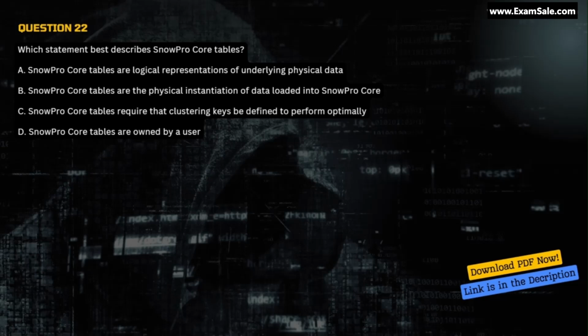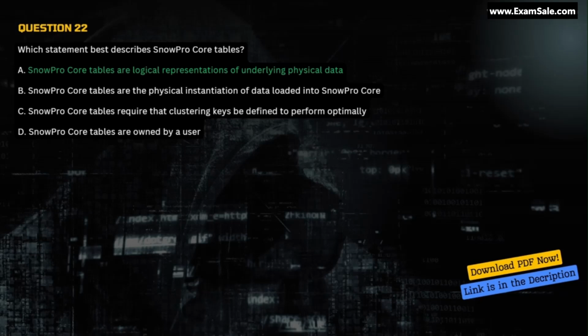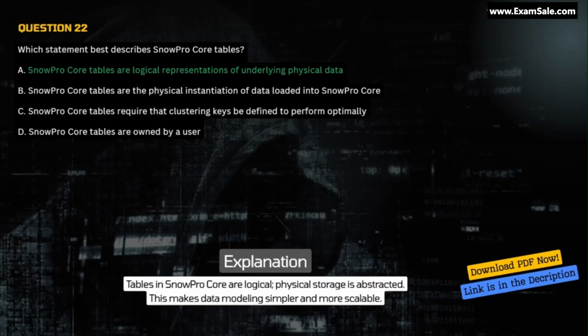D. Snowflake tables are owned by a user. Correct answer A. Snowflake tables are logical representations of underlying physical data. Explanation. Tables in Snowflake are logical. Physical storage is abstracted. This makes data modeling simpler and more scalable.